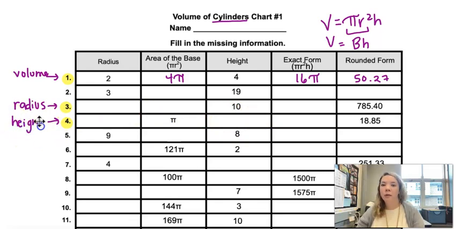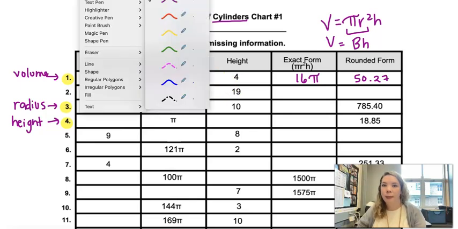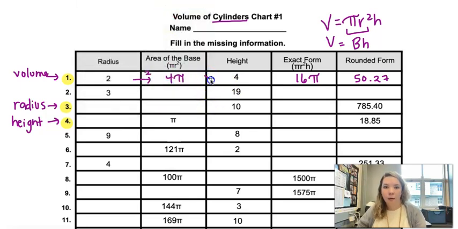So let's talk about number 3. We're missing the radius. We know the height and we know the approximate form. So actually, let me backtrack here. To get from here to here, we squared 2. And then to get from these 2 to our exact form, we multiplied. So you're multiplying here. And then you're just toggling to get from one to the other here.